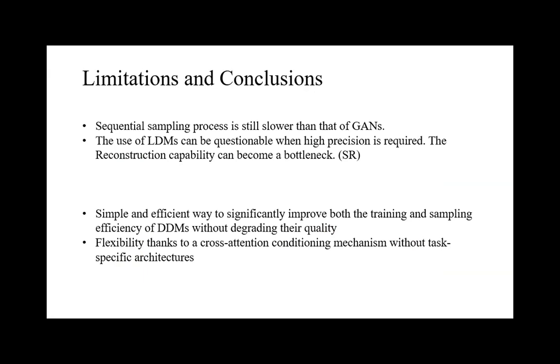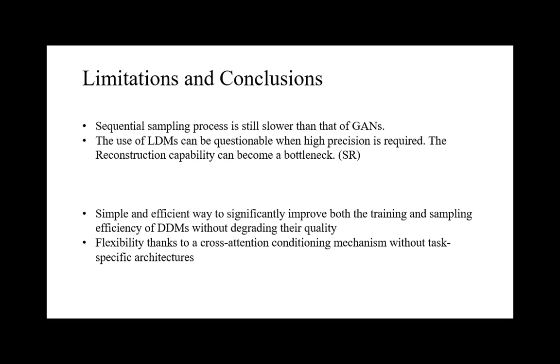About the limitations, oh, sorry, this is what Angela was saying, that despite working in a lower dimensionality, we still need a sequential process, which is to add noise t times, and this is slower than GAN-based works, for instance, which is the SR3 approach in the super resolution task.